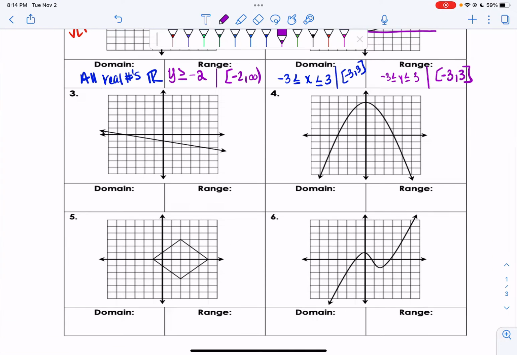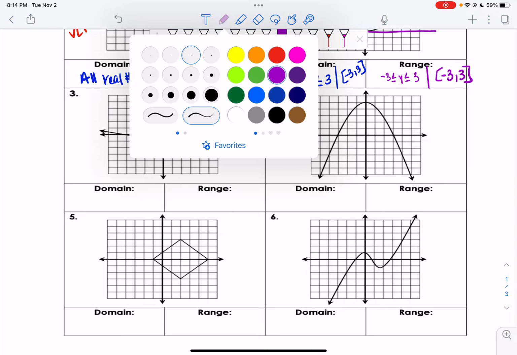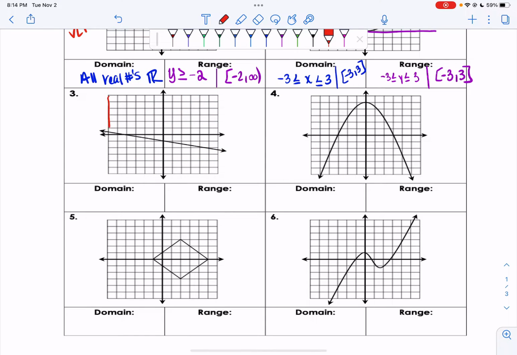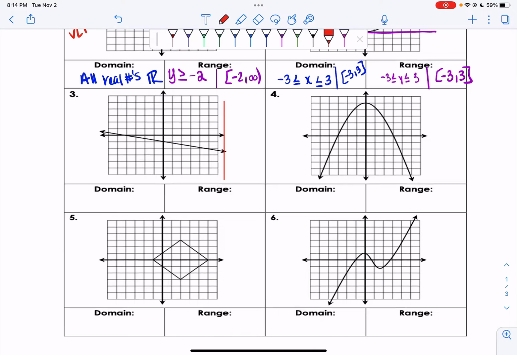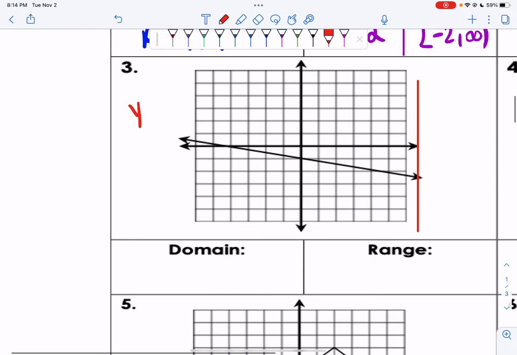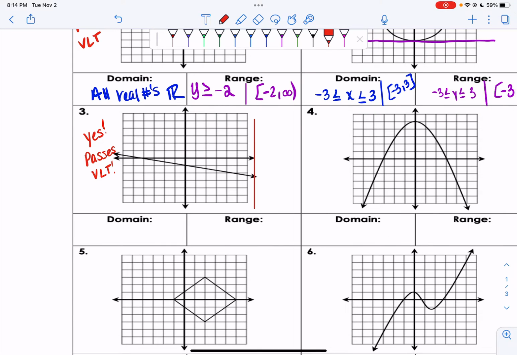Number 3. I do my vertical line test. It hits my graph once and once always. So this is a function because it passes the VLT. Now, we want to figure out our domain.